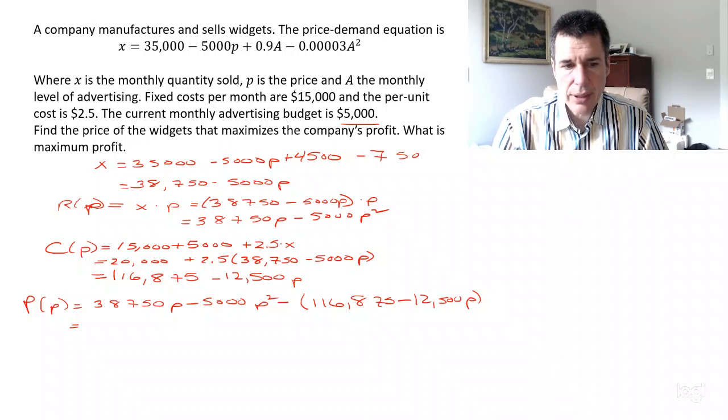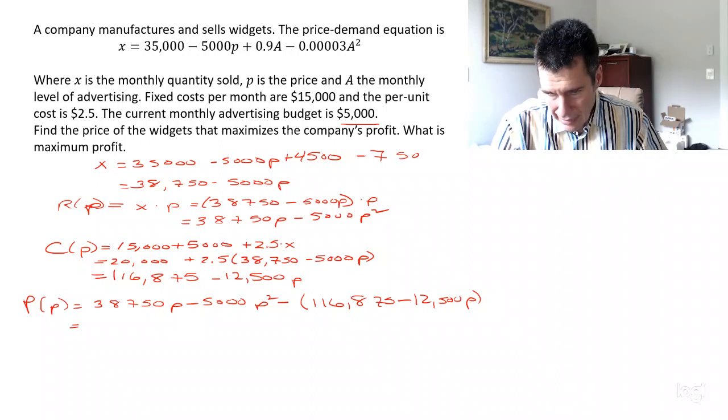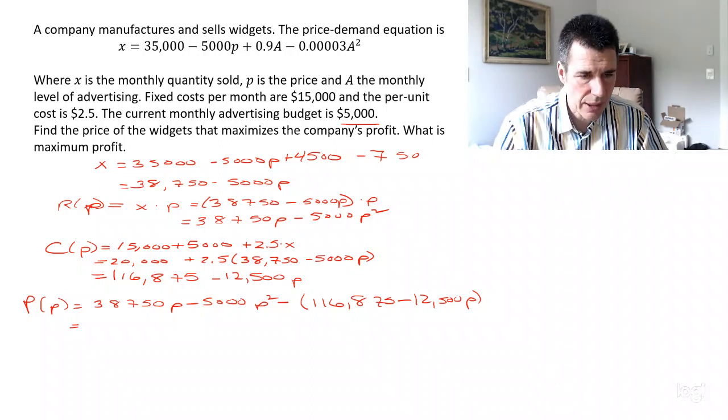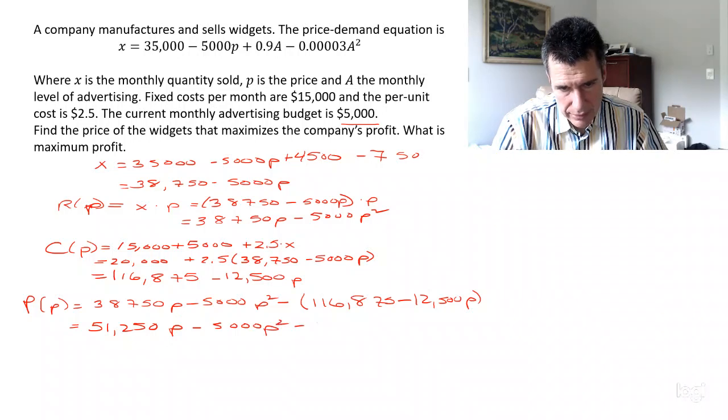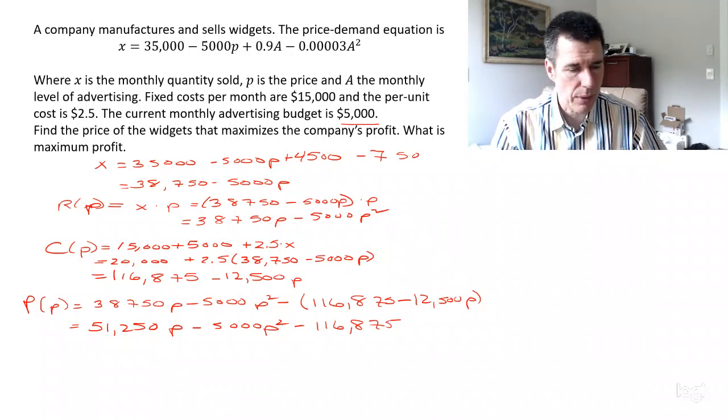We have 38,750 plus 12,500, which would be 51,250P minus 5,000P squared minus 116,875. Okay, so we have this function.